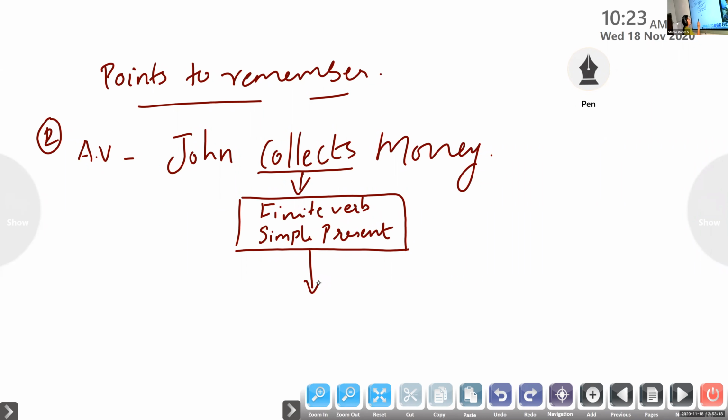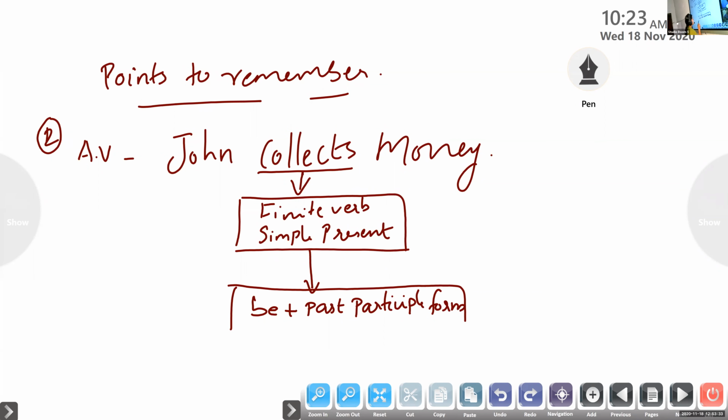Now, you write be plus past participle form. Okay? Passive form. You write passive voice.